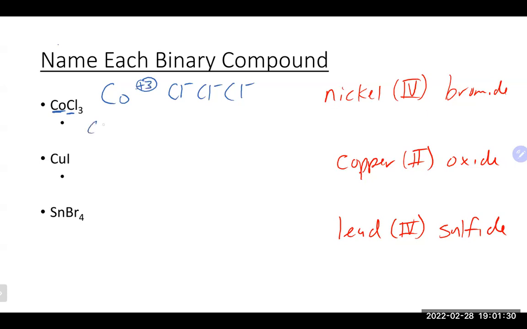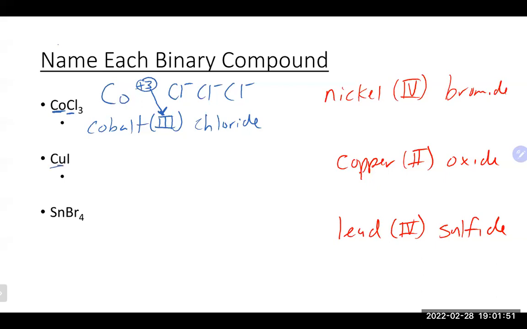This would give me a name of cobalt Roman numeral 3 because of the charge, not how many we have. And again, 3 chlorides doesn't matter for the name. This would just be chloride in this case. So cobalt Roman numeral 3 chloride. Any questions on that one there?